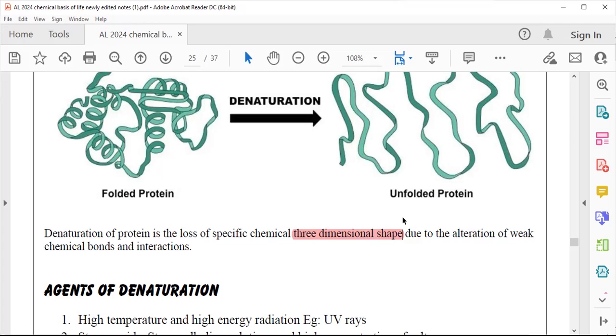Omelette making. You take the egg white and put it on the saucepan. To what color will it turn? White color. That is denaturation. That is denaturation by heat. Understood?